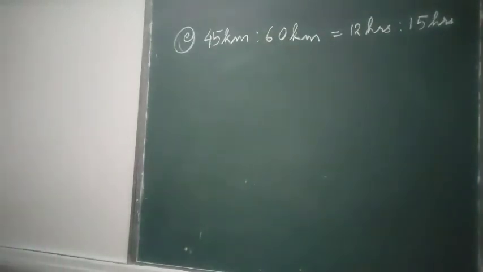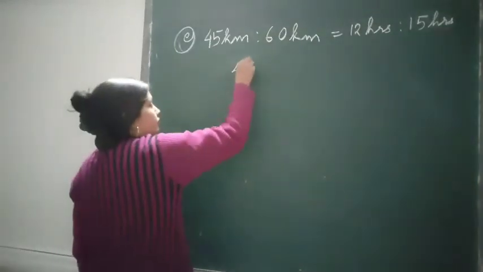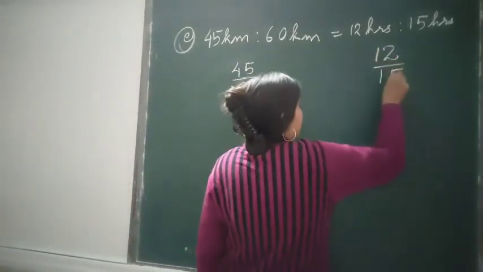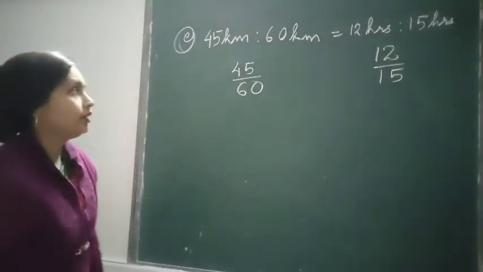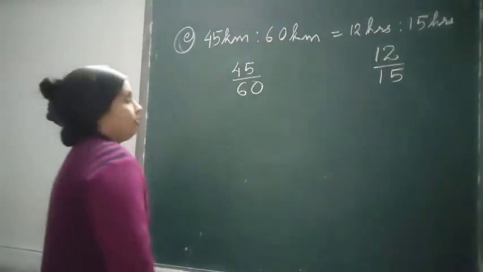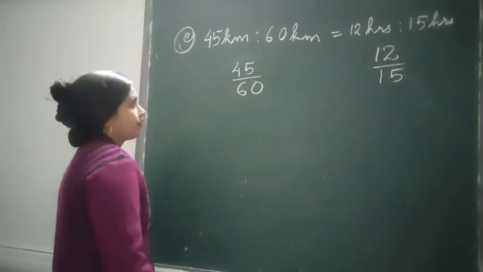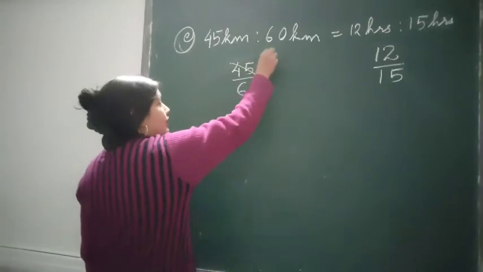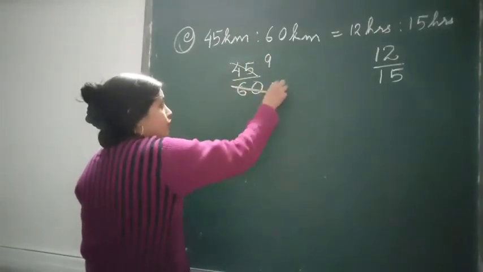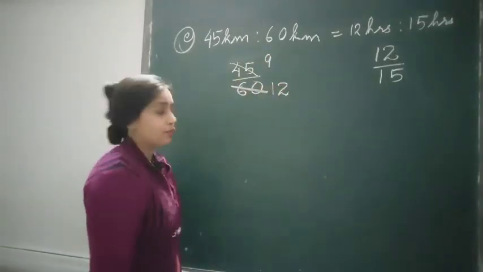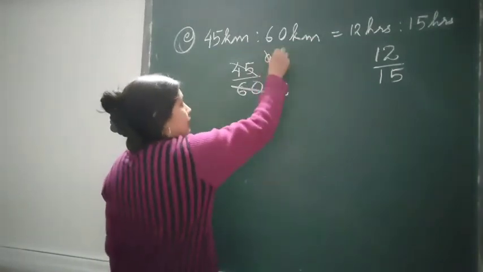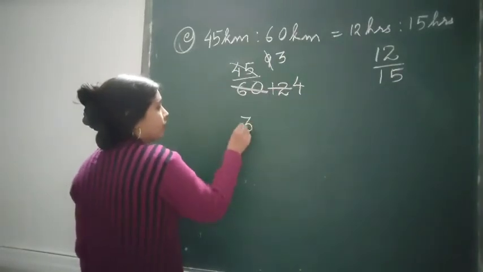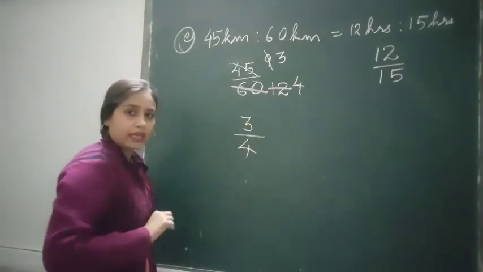So 45 by 60, 12 by 15. 45 and 60 both are divisible by 5. So let's divide by 5. 5 nines are 45, 5 12s are 60. Now 9 and 12 both are divisible by 3. 3 threes are 9, 3 fours are 12. So what did we get? We got 3 by 4.